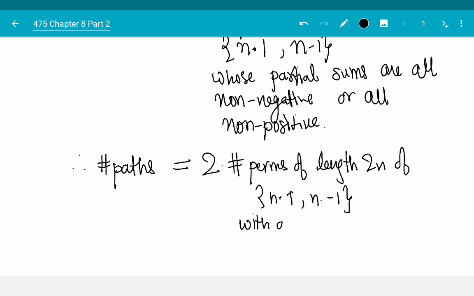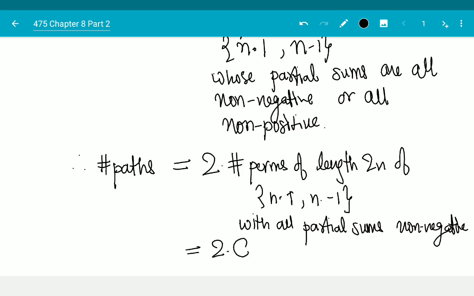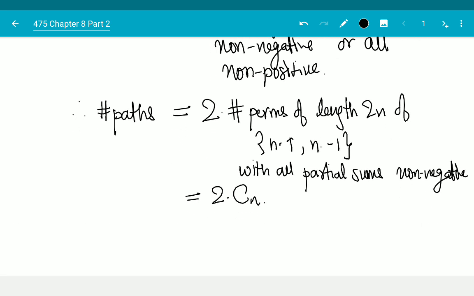So the number with all partial sums non-negative is Cn, and therefore this is equal to 2 times Cn, which is 2 times 1 over n plus 1 times 2n choose n. Okay?